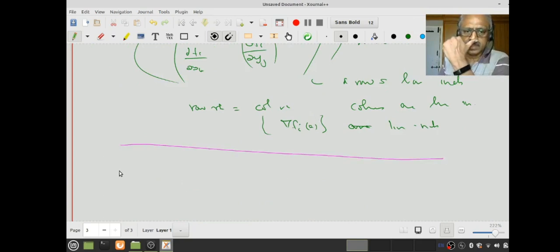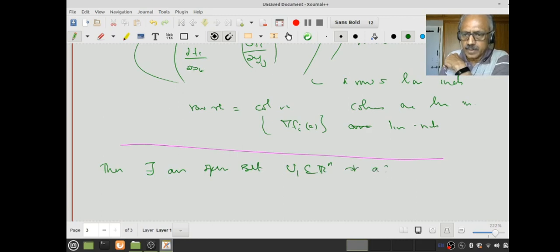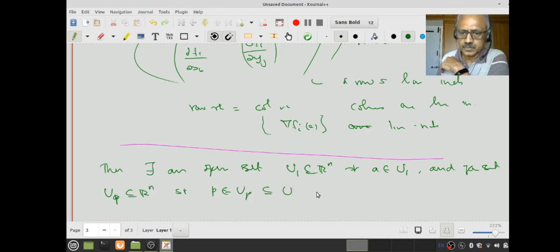Then I want to say there exists an open set U1 in Rn so that a belongs to U1, and an open set UP in Rn so that P belongs to UP and that's contained in U.